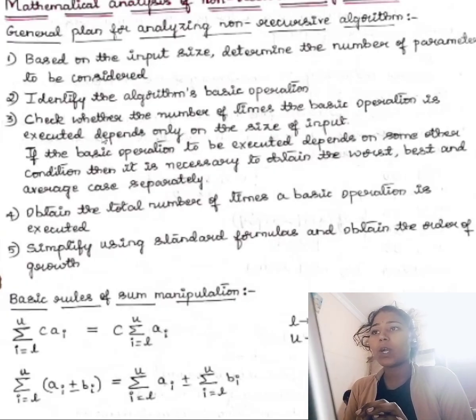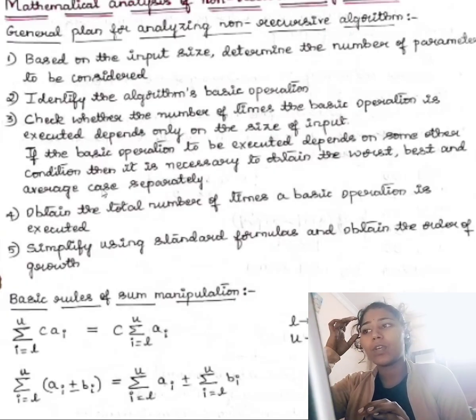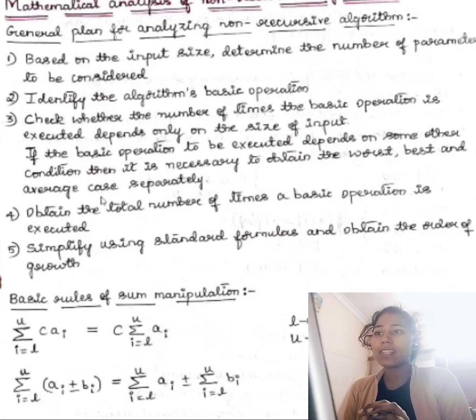If the basic operation's execution depends on some other condition, we have to obtain the worst, best and average case separately. After this, we sum up the total number of basic operations executed, then use the standard formula and obtain the order of growth. This is the general plan for analyzing the time efficiency of a non-recursive algorithm.